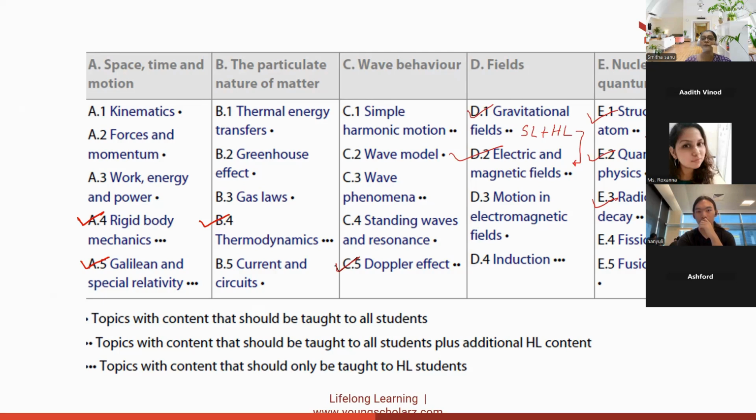In the same way, in theme B you have 5 subtopics. Out of that, thermodynamics is not there for SL students; it is an extra for AHL. HL students will learn all 5 subtopics. In wave behavior, there is no HL, so the entire content is for SL as well as for HL.